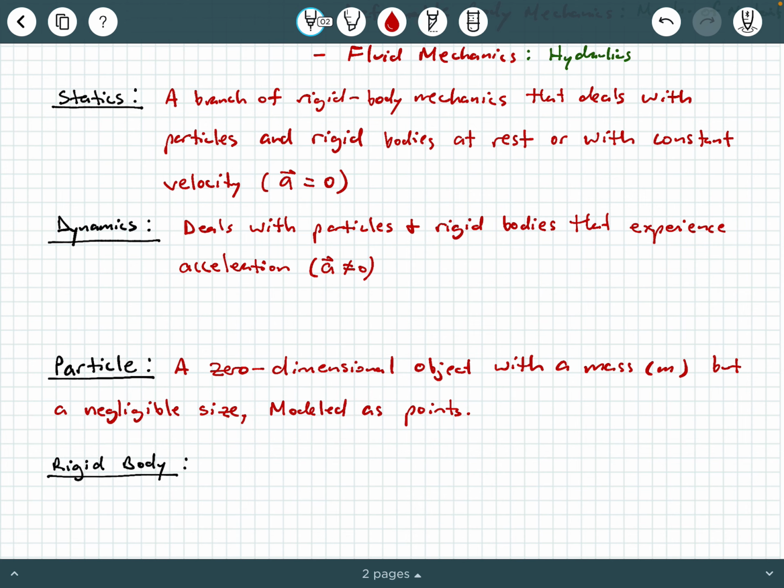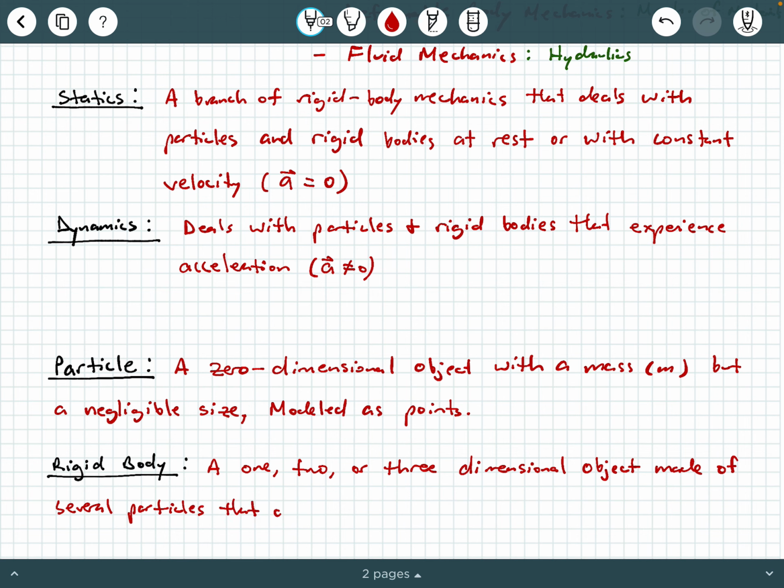What about a rigid body? A rigid body is a 1, 2, or 3-dimensional object made of several particles that define its shape. And rigid bodies typically also have a mass associated with it.